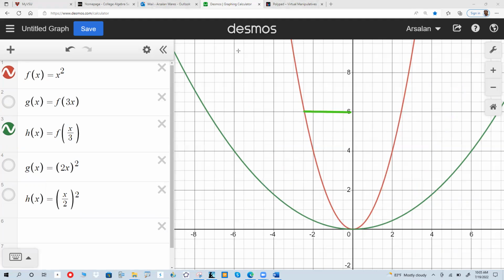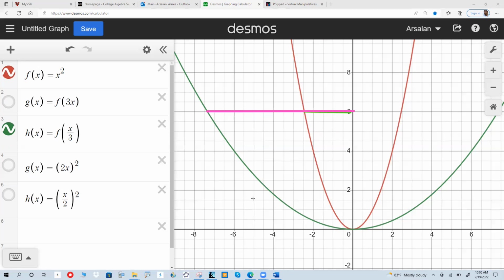This is 1 unit. I'm going to use a different color. Right from here to here, it'll be 3 units. You cannot see the green now, but if you measure the pink line, it'll be 3 times the green line.